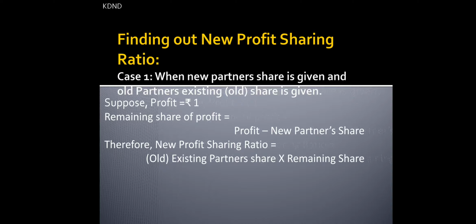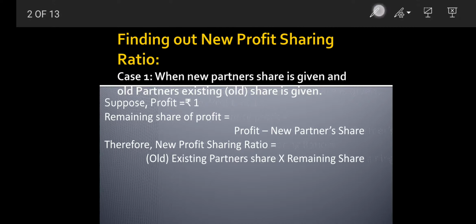So when the old partners' ratio and the new partner's share are given, then in such cases we just have to do this exercise. First of all, in the whole portion, that is one portion, of which old partners are sharing in some ratio, the new partner enters with this particular share.